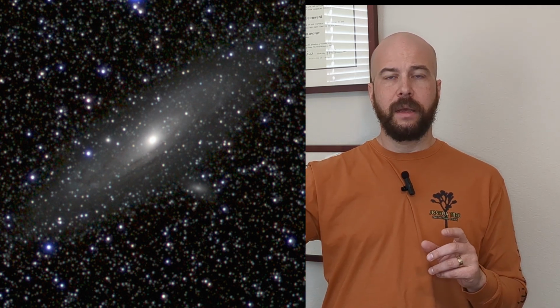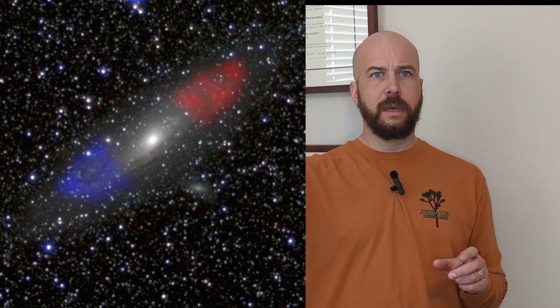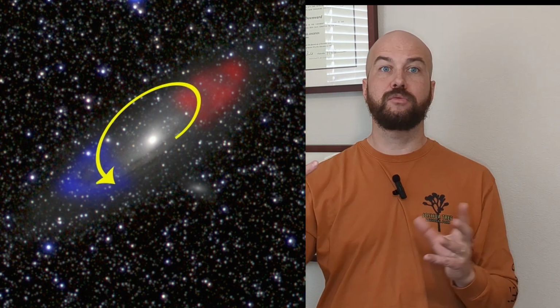We can even observe the rotation of galaxies due to this phenomenon. We can look at one side and see that it's moving away from us, and then we look at the other side, we see that it's coming towards us as that galaxy spins and rotates. The other things we can look for in space are molecules.